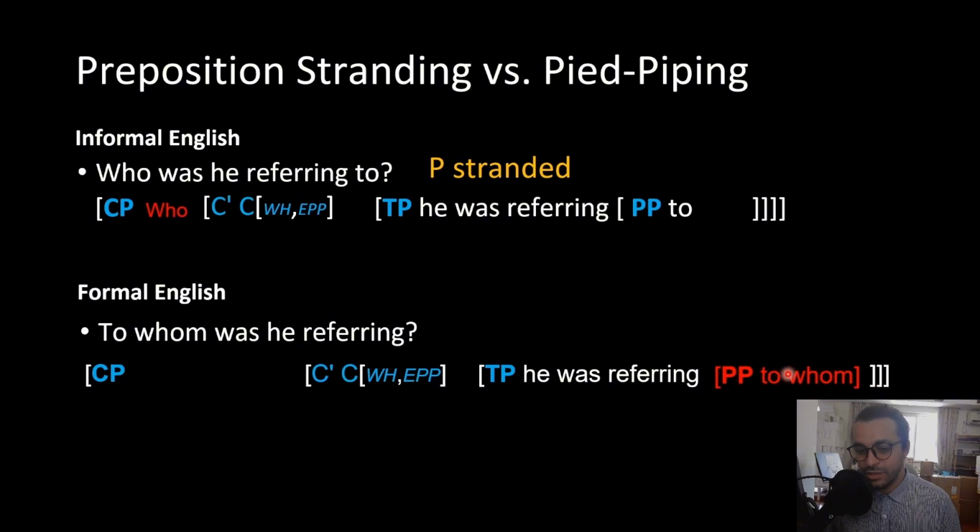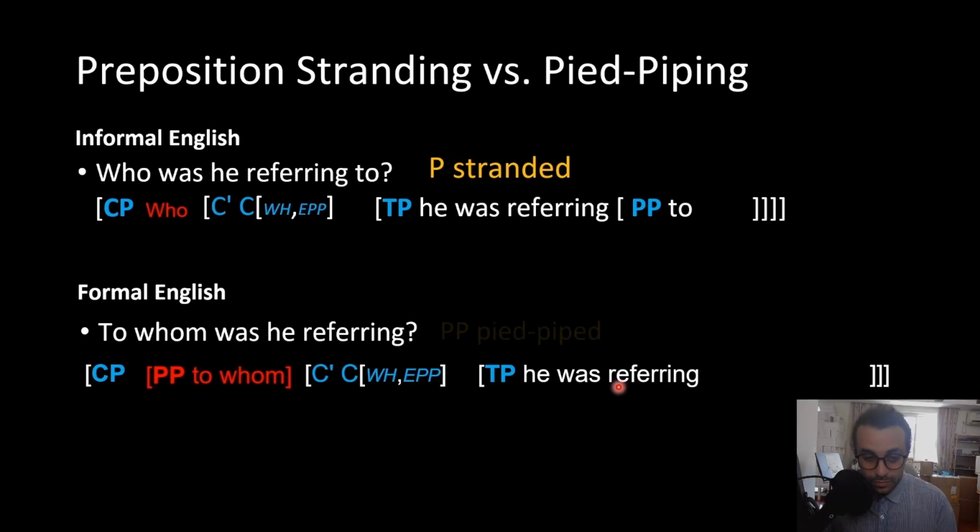As you can see here, it turned red. Not just the who inside the PP, but the whole PP is targeted, and the whole PP moves, does a twirly whirly right over there to the specifier position, and you end up with to whom he was referring. So this is known as PP pied piping, or the PP has been pied piped.